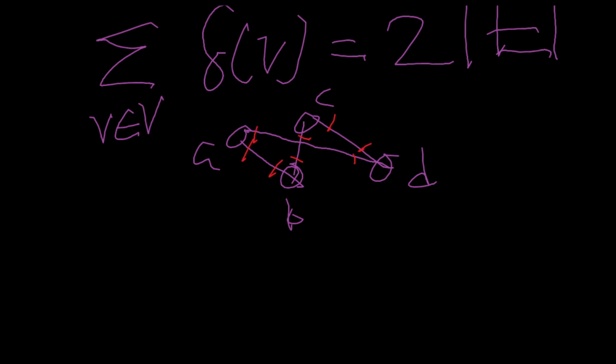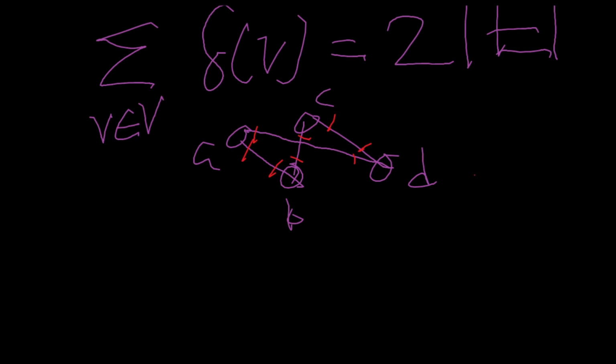And each edge will be marked 2 different times, because the definition of an edge is a connection between 2 different vertices, and the valence of a vertex is defined by how many edges it is connected to. So each edge must be marked exactly twice.